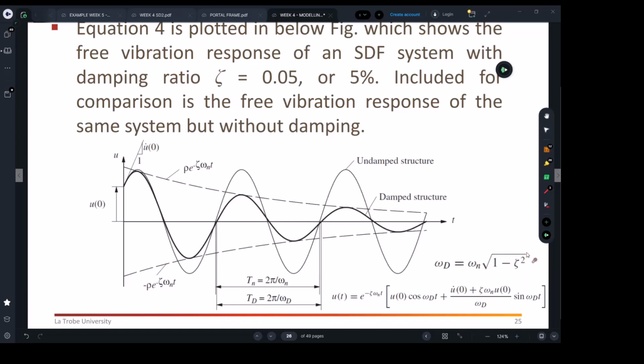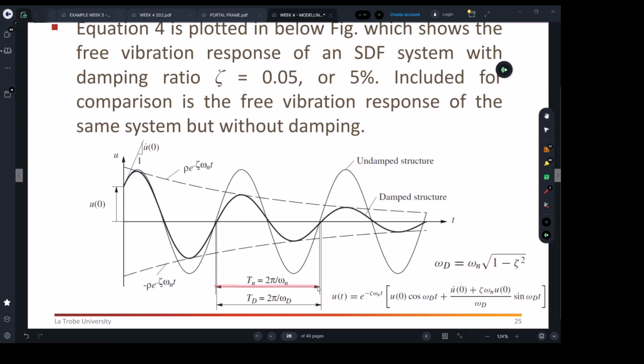So yes, the damping ratio, which we assumed here is only 5%, will have an impact on the frequency. It's not only going to stop the vibration, it will also have a slight impact, you can see here the differences.